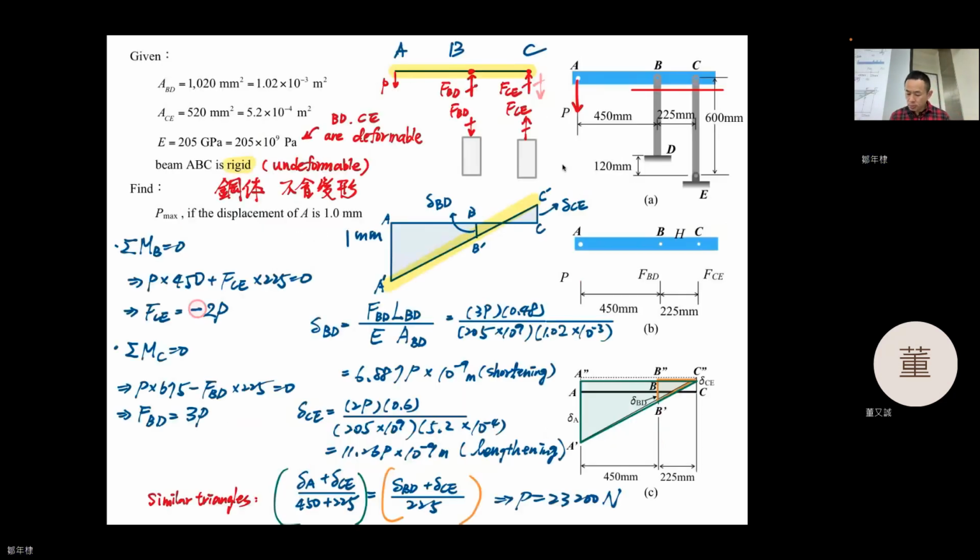And this example tells us that we can get the internal force by cutting the place you want to see. So we cut it and separate it into two parts: the upper part and the bottom part.